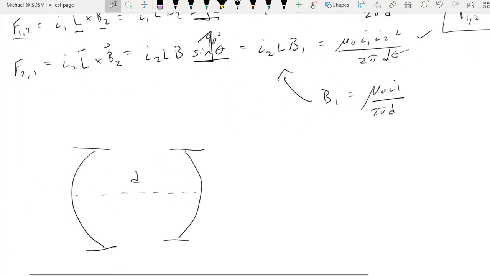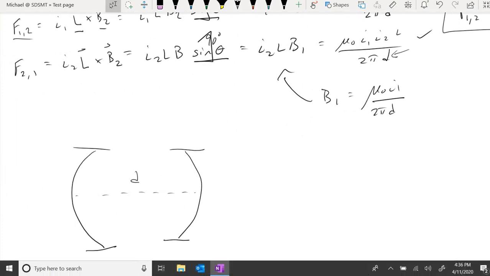And so this actually seems like a better situation, even though these two wires are pushing away from each other. The further apart they get, the less force there is, and we don't run into the risk of the two wires touching and causing any kind of a short circuit.